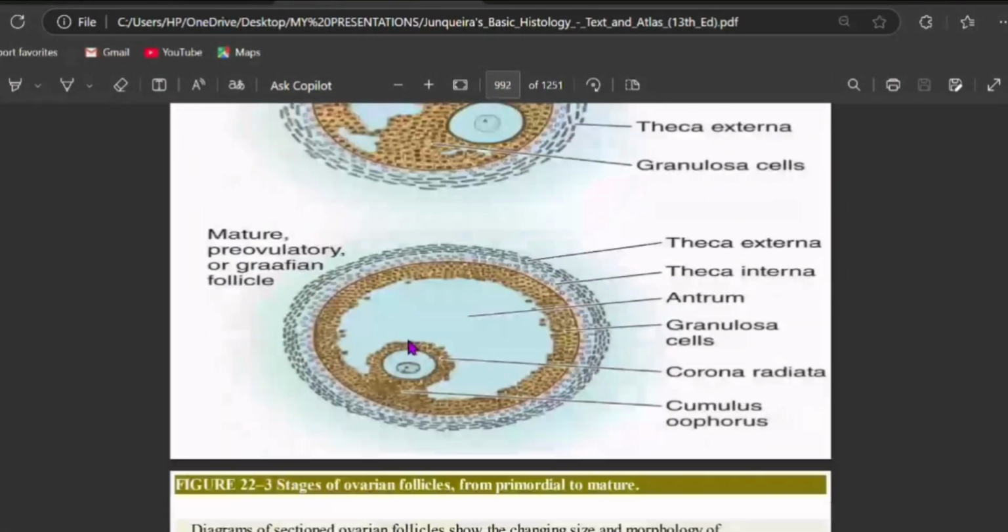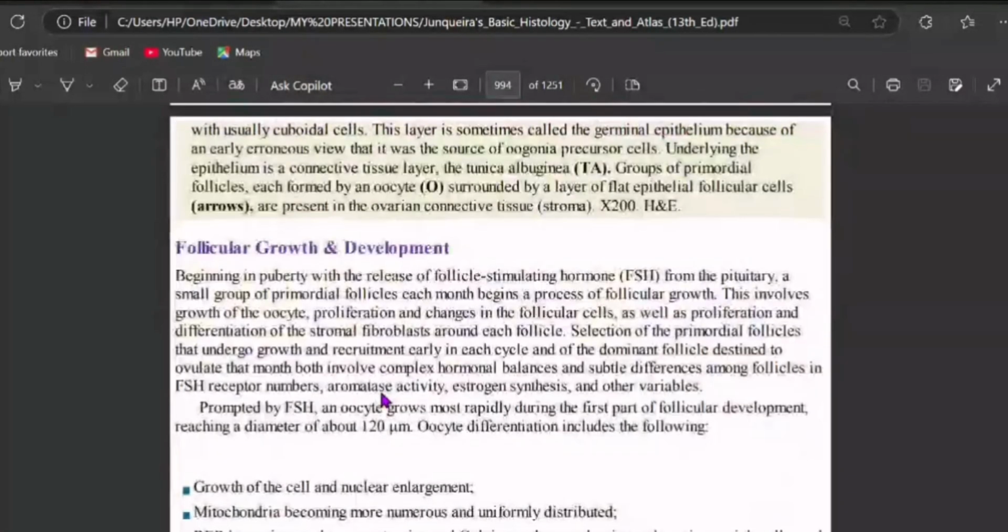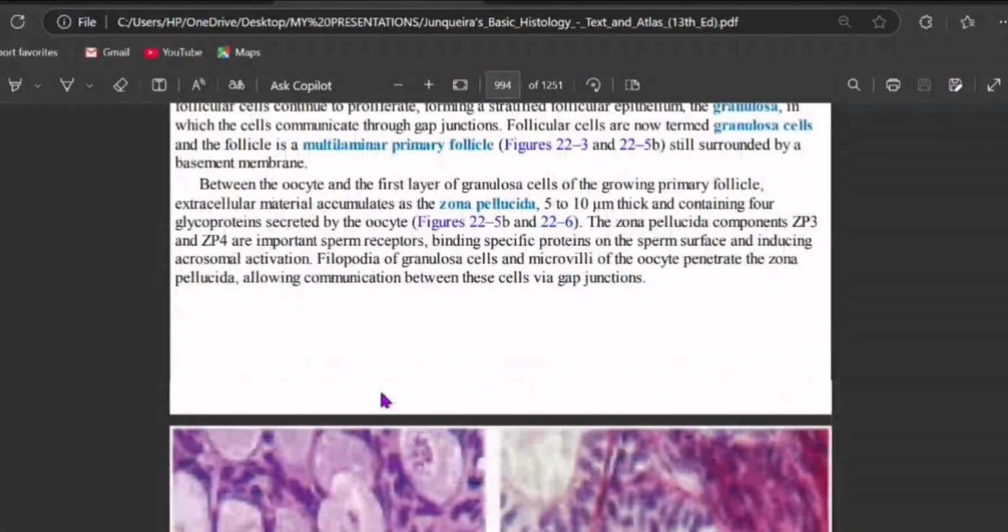This is the oocyte, and the corona radiata, which is the cells surrounding it. And here are the granulosa cells that suspend the oocyte into the antrum, which we call the cumulus oophorus.